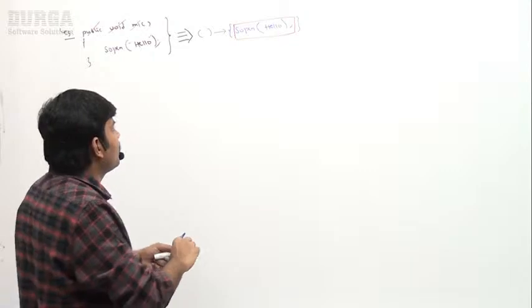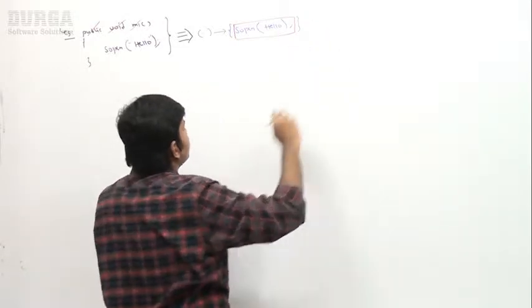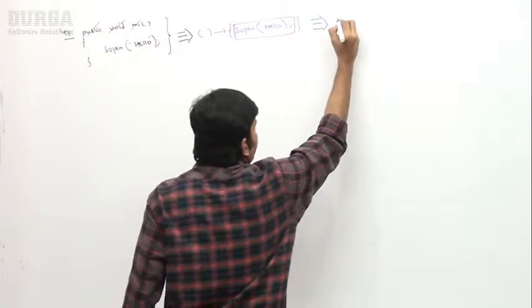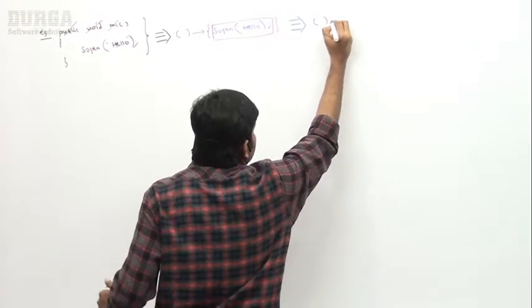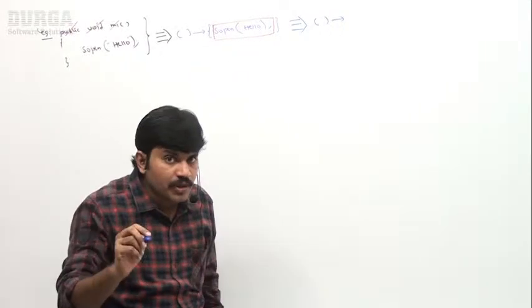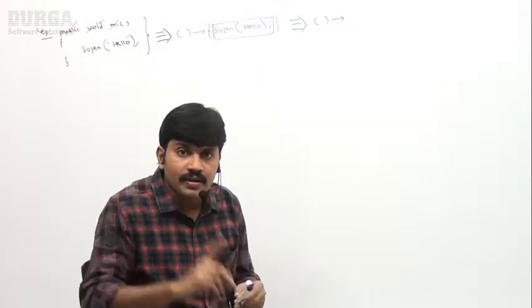Can you please write the equivalent lambda expression, sir? I'm writing once again the simplified lambda expression: bracket open, bracket close. Now, can I remove these curly braces or not? Yes. Why am I removing the curly braces, sir? Because this lambda expression body contains only one statement.